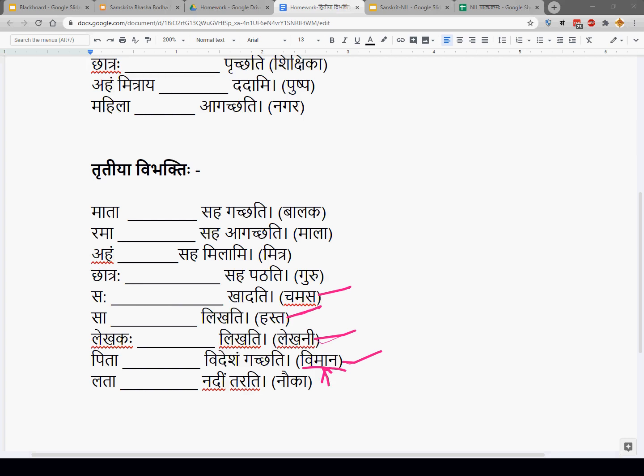With the help of this aeroplane, he goes to a foreign land. Lata, Nauka, Nadim Tarati. Here, Tritiya, we know that it is Naukaya.